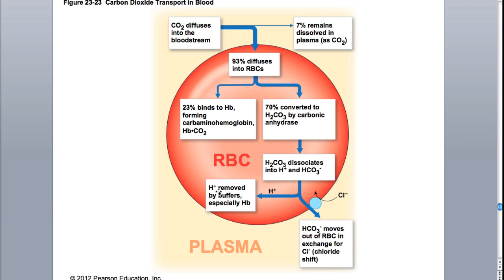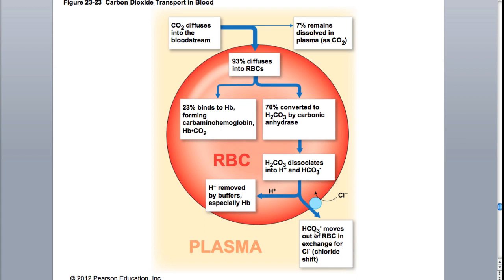Next, we have a picture version of what we just talked about. I like that better than anything. So the picture version is important. Now look what it says here. In this line we have bicarbonate dissociates into hydrogen, H plus removed by the buffers, especially hemoglobin.